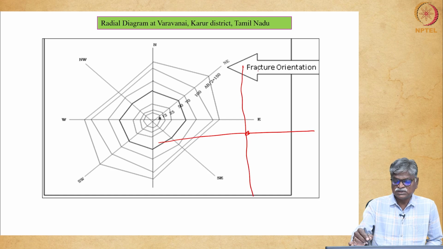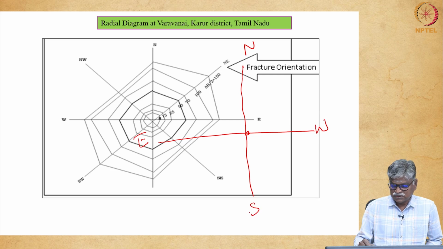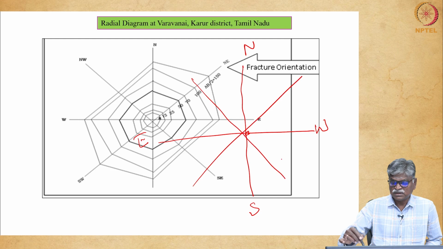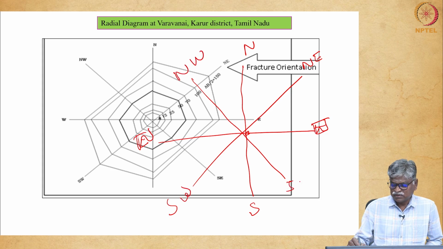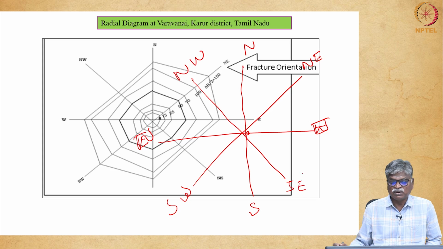Suppose it is north: east-west one VS, then north-south one VS, then northeast, southwest, northwest, east, southeast. That way we have to do it.